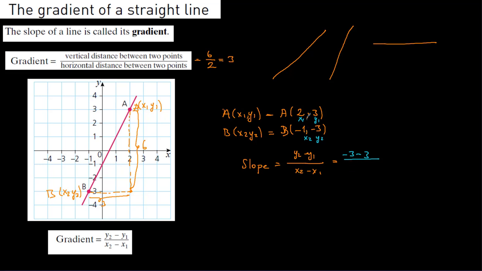What is x2? x2 is equal to minus 1, and x1 is minus 2, which is equal to minus 6 over minus 3. Again, it makes 3. As you see, these two values are the same. You will use vertical distance over horizontal distance, or you will use the coordinates, and you will get the same slope, which is the gradient also.